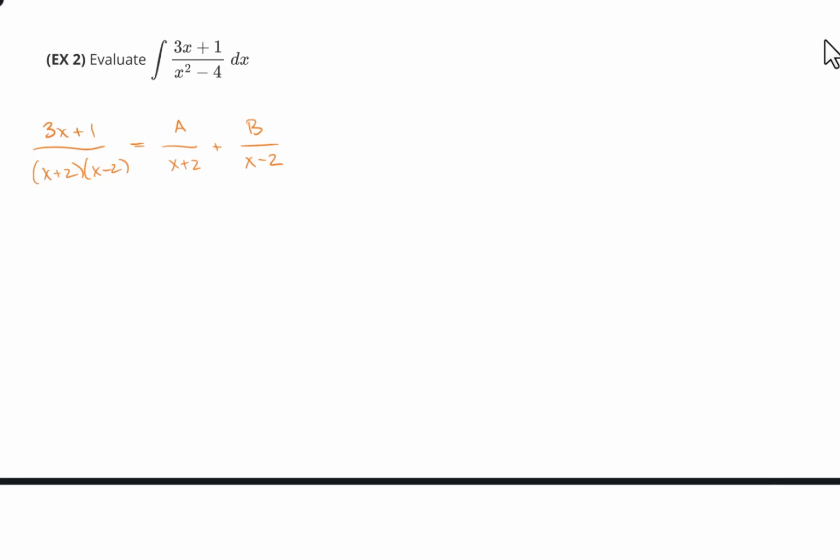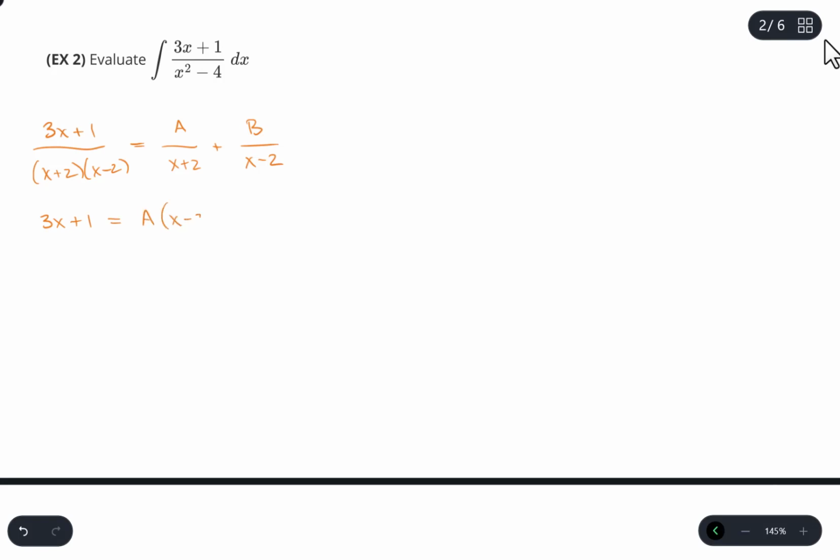To figure out what those are, we just take this statement and multiply everything through by the denominator. So when I multiply by x squared minus 4, that leaves me just 3x plus 1 on the left-hand side equals a times x minus 2 plus b times x plus 2.